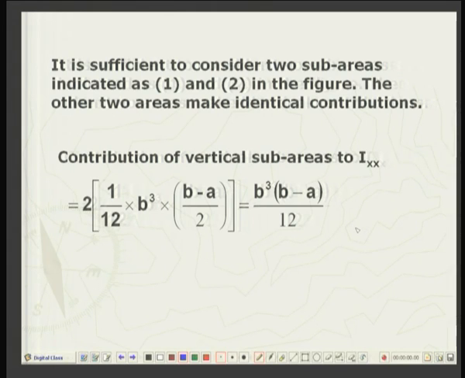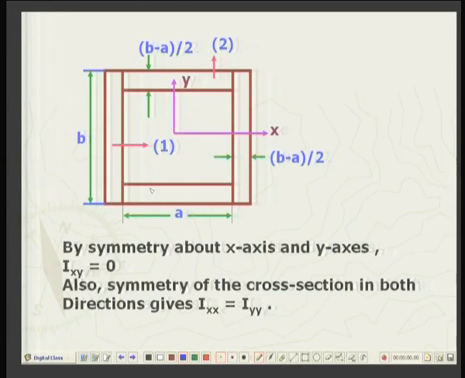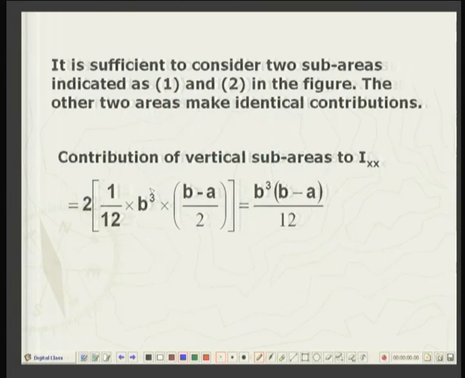So, this is exactly what we are doing. B is the width, h is the depth, this is B, and this is B minus A divided by 2. So, B minus A divided by 2 is the width, into depth cubed divided by 12.